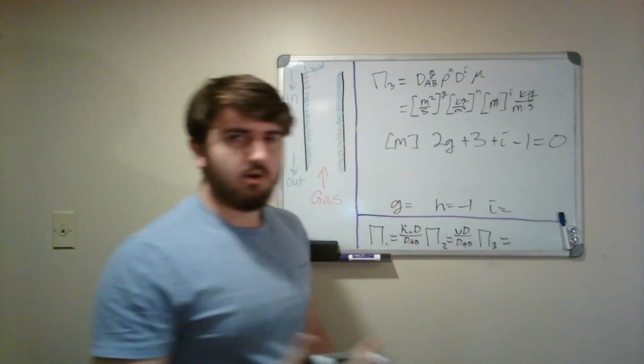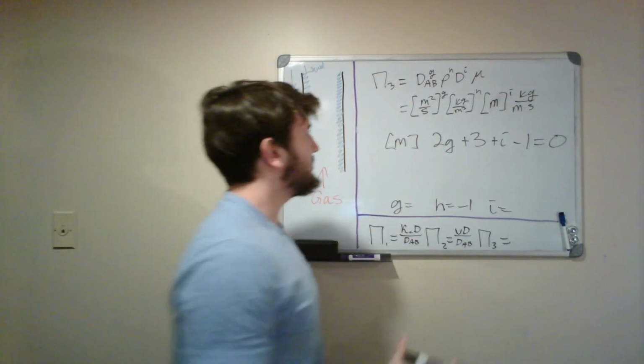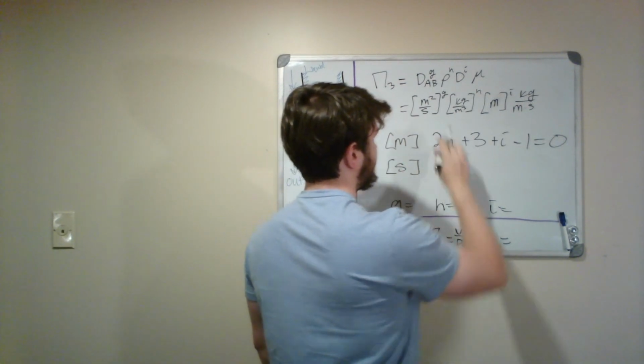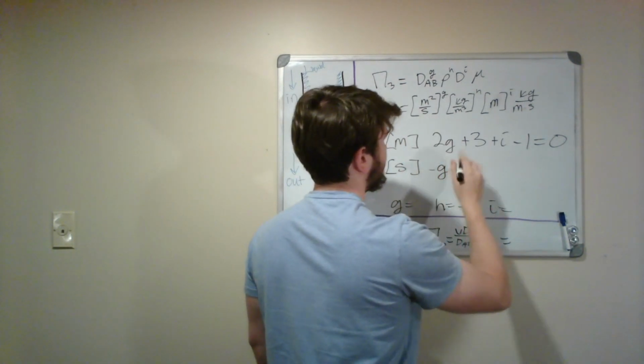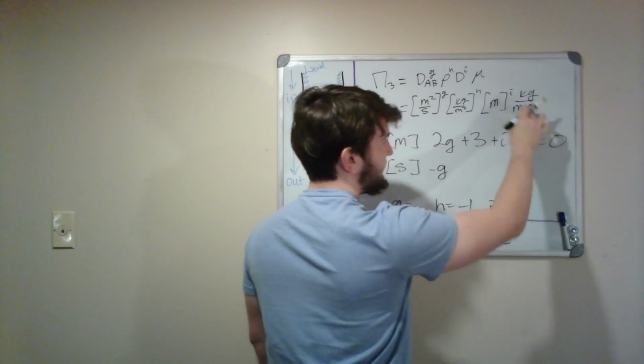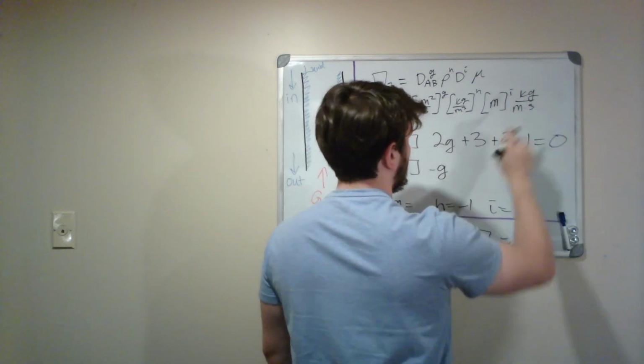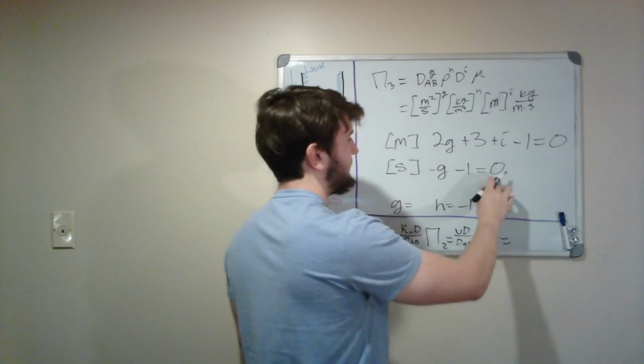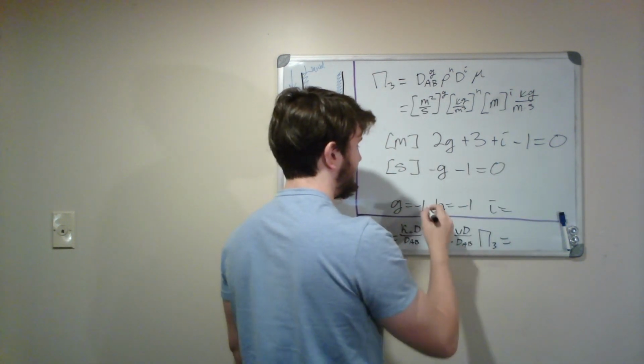We can't really solve for that because again we have two variables, but we can go ahead and work with seconds for now, where we have that as negative g, and then the only other place we have seconds is right there, where we will have that as minus 1 equals 0, so we know from this that g must equal negative 1.